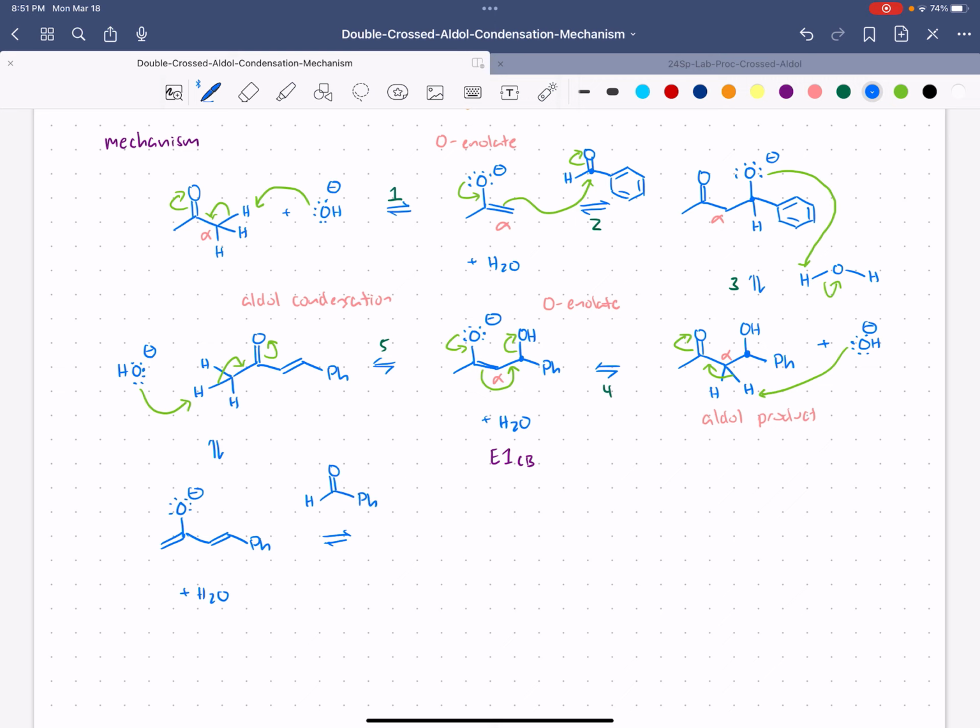Okay, that's another way to draw benzaldehyde. And let me do all the labeling again. Oh, I didn't plan this out too well.